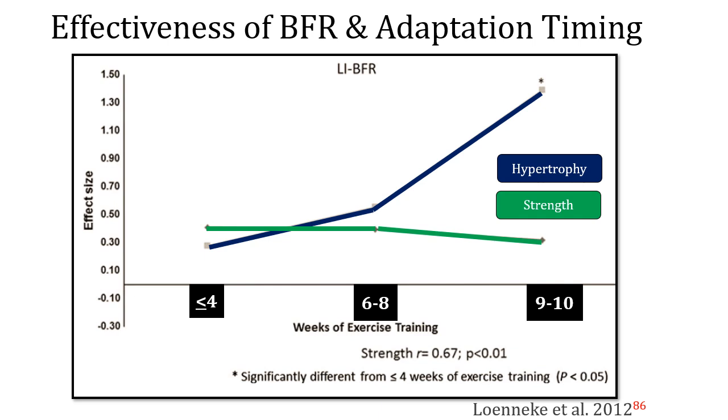And so you can see within the first 6 to 8 weeks there's a moderate increase or consistency in the strength as well as in the hypertrophy, and the hypertrophy does take a little bit longer as it gradually exponentially increases from around that 6 to 8 to 10 week time point.